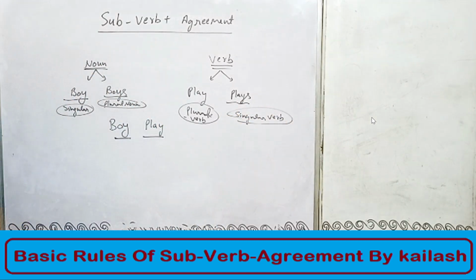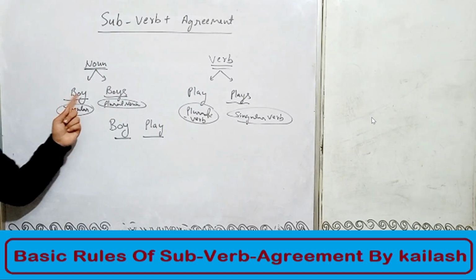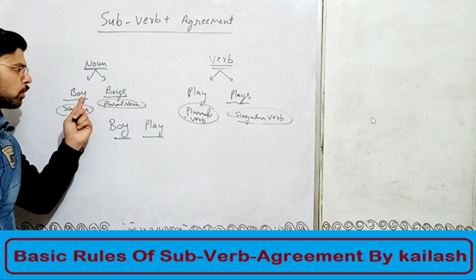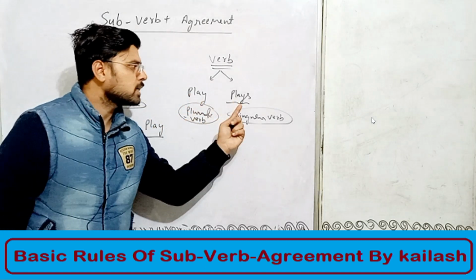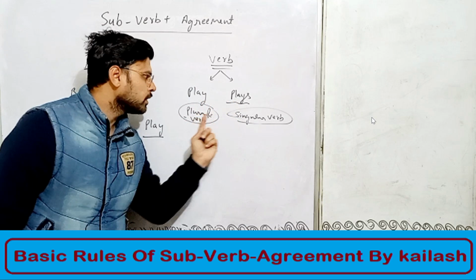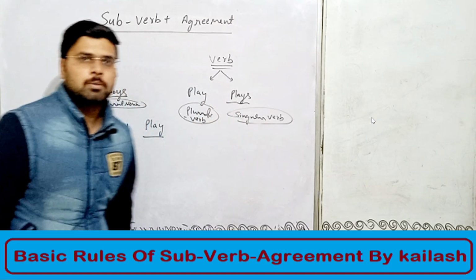They both are opposite to each other. If I add suffix s in boy, it would turn into a plural noun. If I add s in the verb, it would turn into a singular verb.